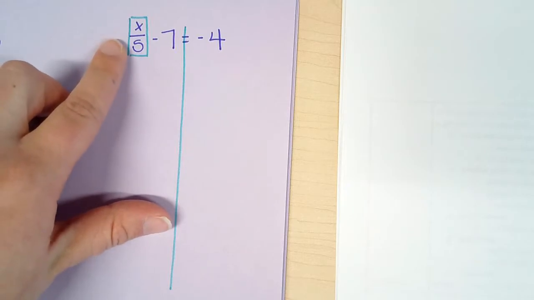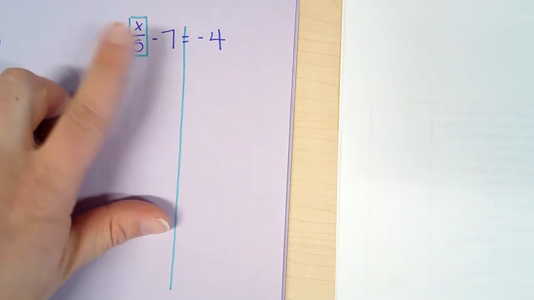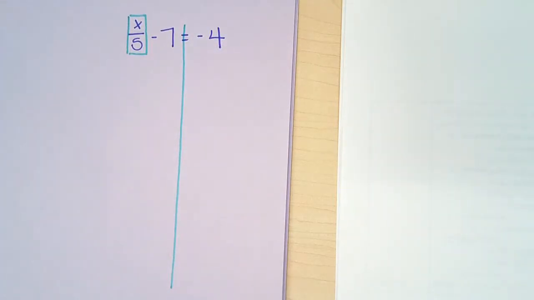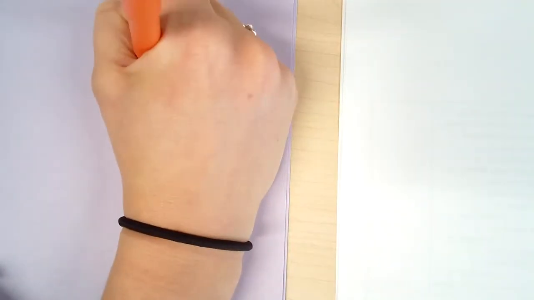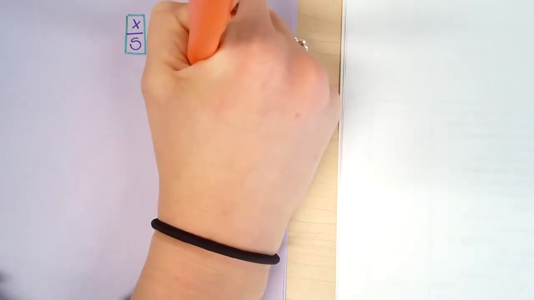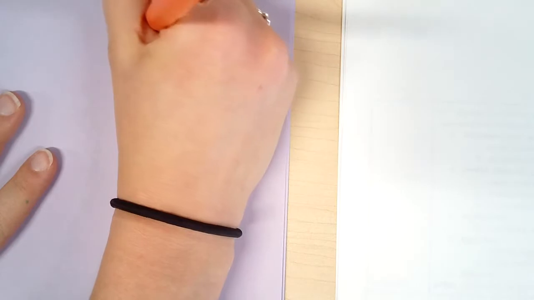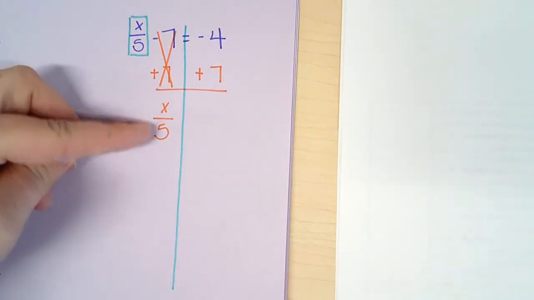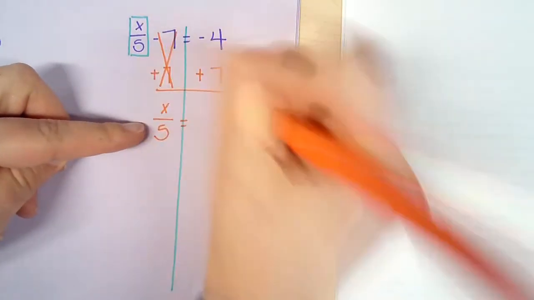Okay, so I want to get this x divided by 5 by itself. Here I have minus 7. So how do I inverse minus 7? Well, the inverse of subtraction is addition. So I add 7 to both sides. Those cancel, and I can bring down my x divided by 5 now.